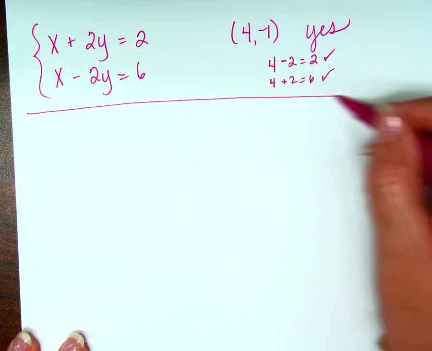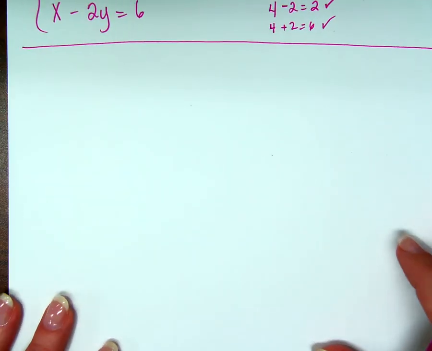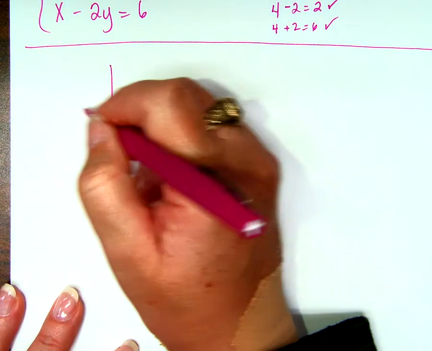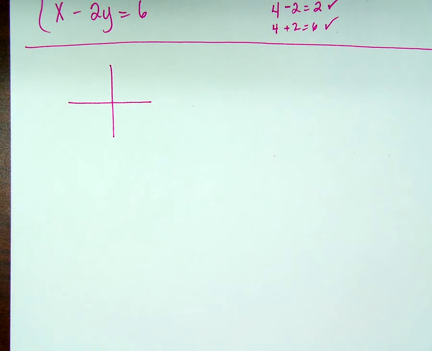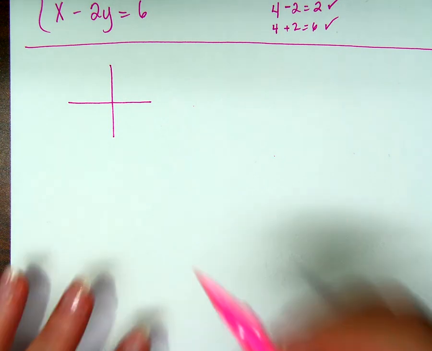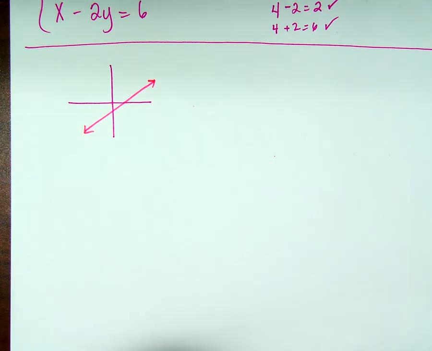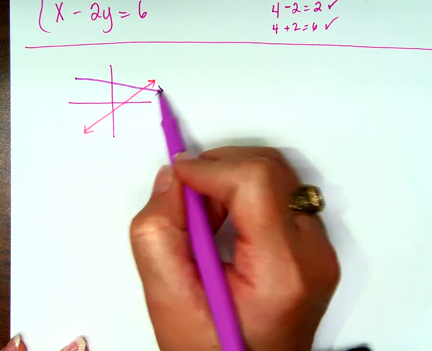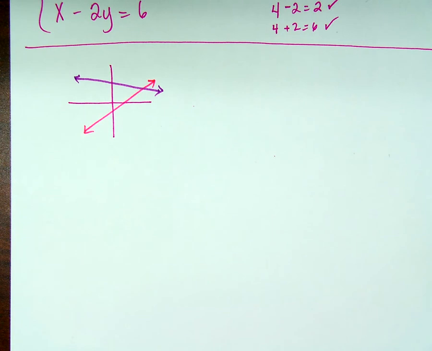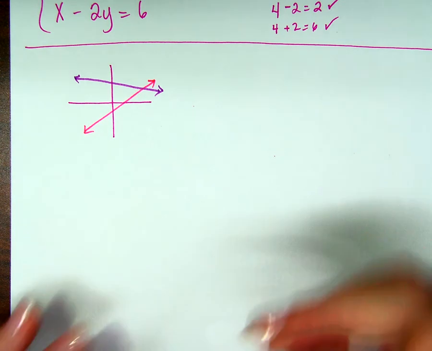Before we go too much further, I want to make sure that we remember some things. If we have an x and y axis like this, there's a couple possibilities that we can have. If we're talking about linear systems, what do I mean by a linear system? Lines, right? Two lines. I can have this line and I can have this line. How many solutions are there to this system? One. And where is it?